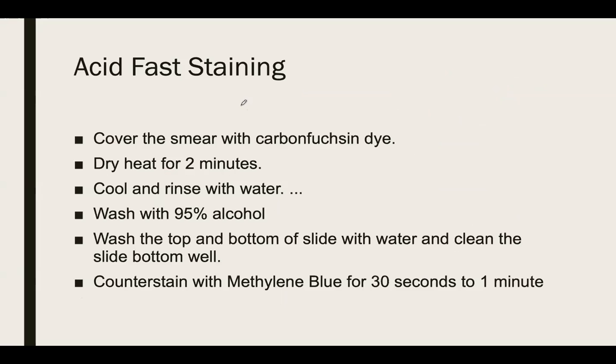Acid-fast staining, there are a group of bacteria like Mycobacterium smegmatis. In this lab, you are actually going to work on these bacteria, Mycobacterium smegmatis. Another species of Mycobacterium is Mycobacterium tuberculosis.